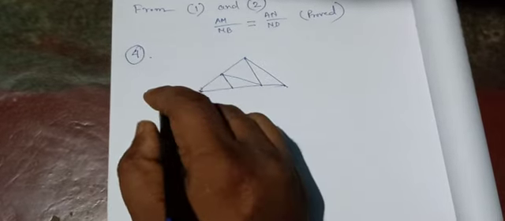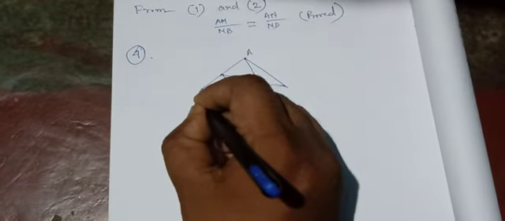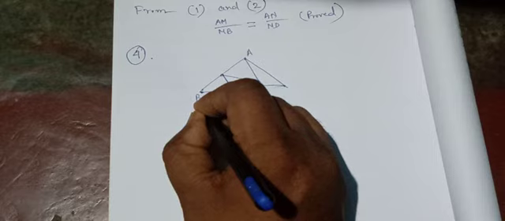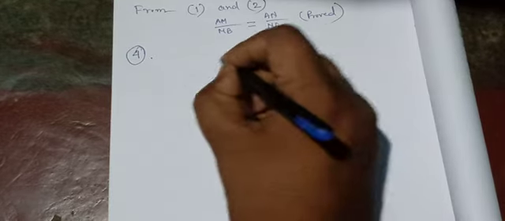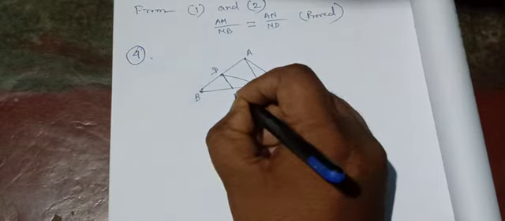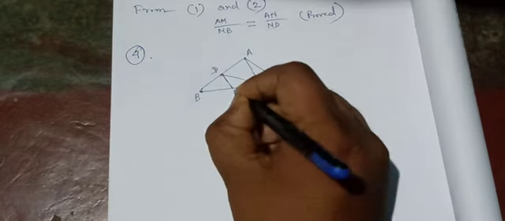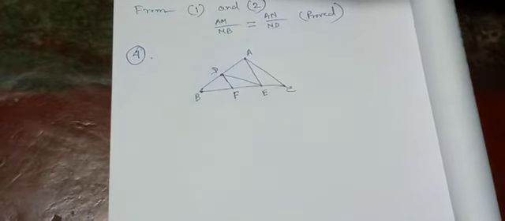I am naming it. This is A, B, C, D, this is E, it is F.